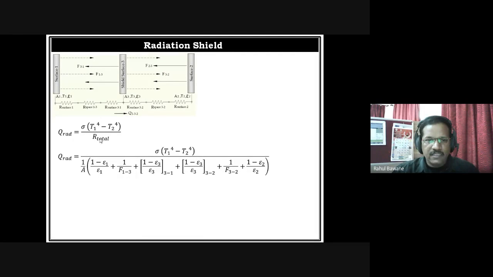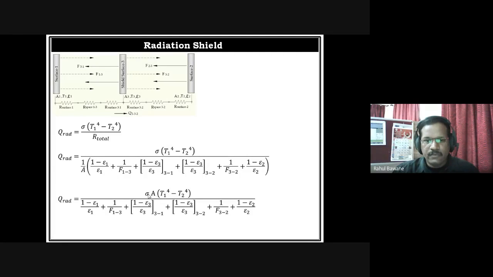Then the total resistance with 1 upon area common will look like this. Now if I shift this area to the numerator, it becomes our regular form: sigma, the Stefan-Boltzmann constant, then area, then the temperature difference, in Kelvin raised to the power 4, divided by these resistance terms.